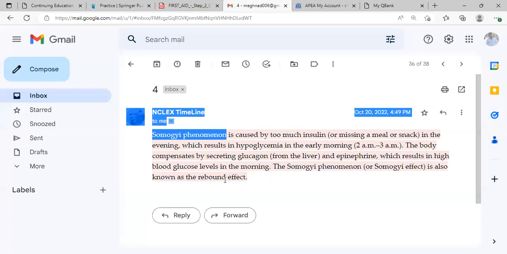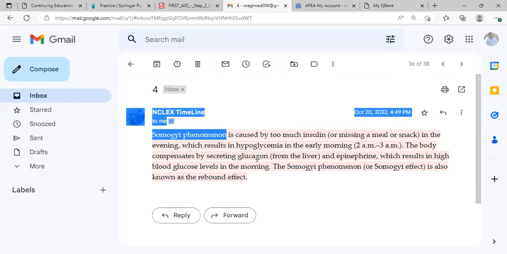Let me read it one more time for you. The Somogyi phenomenon is caused by too much insulin or a missed meal in the evening, which results in hypoglycemia in the early morning, like 2 a.m. or 3 a.m. The body compensates by secreting glucagon and epinephrine, which results in a high blood glucose level in the morning.